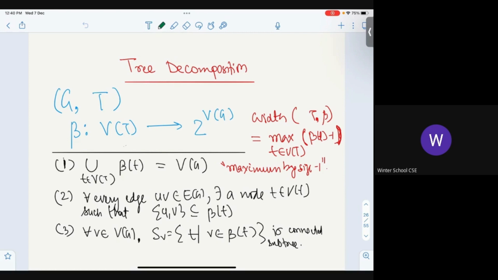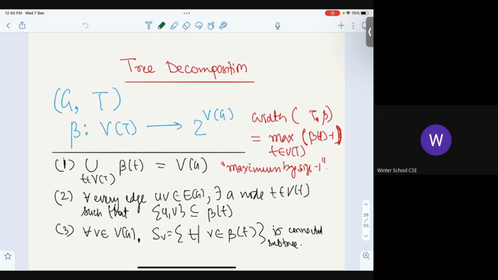I just call it a bag. Why am I calling it a bag? Whatever subset beta gives, I'm going to call that a bag. It's a set, but rather than calling it a set, since people have their own name for it, it will be nicer to use it appropriately.